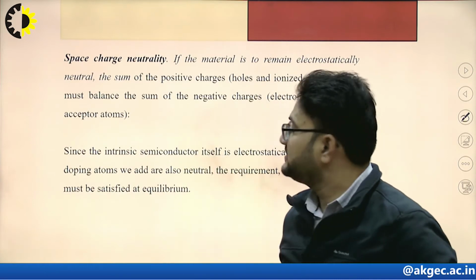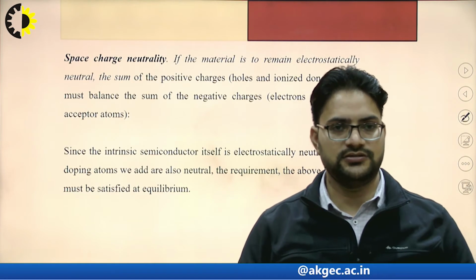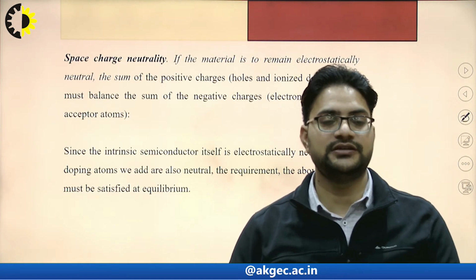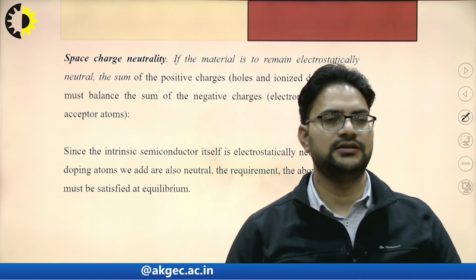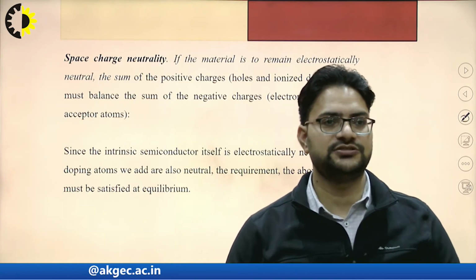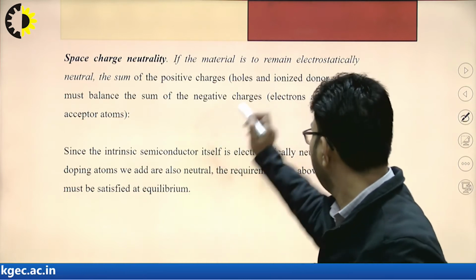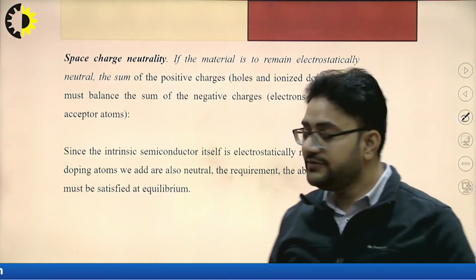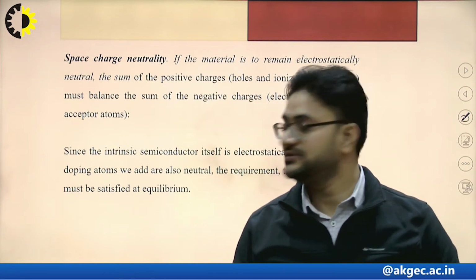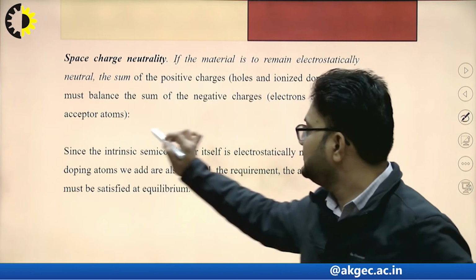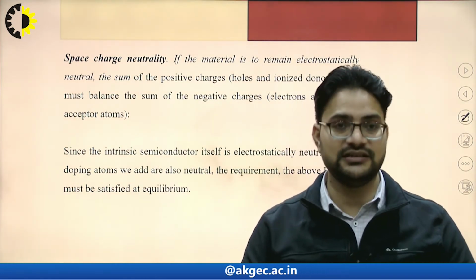According to space charge neutrality, if we want the material to remain electrostatically neutral, the sum of the positively charged, that is the holes and the ionized donor atoms, must balance the sum of the negatively charged, that is the electrons and the ionized acceptor atoms. If we combine both, they should match.